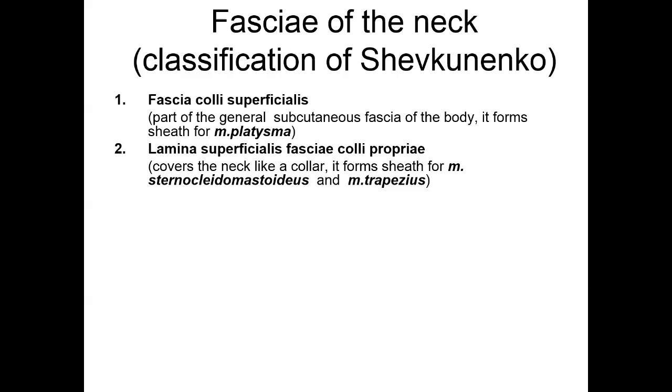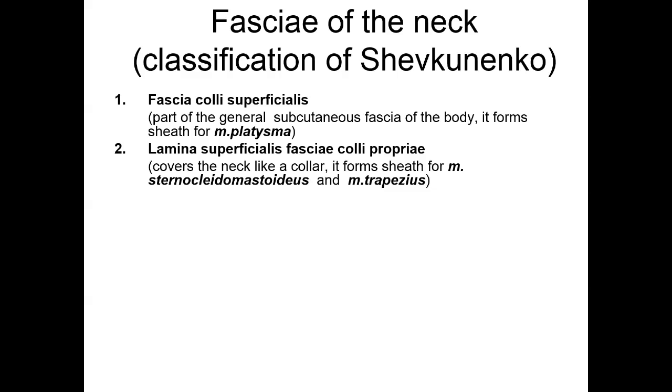It's interesting that the English word collar comes from the Latin word collum, or cervix. So this lamina superficialis looks like a collar which surrounds the neck from all sides. And we can say that it forms a sheath for musculus sternocleidomastoideus and musculus trapezius.